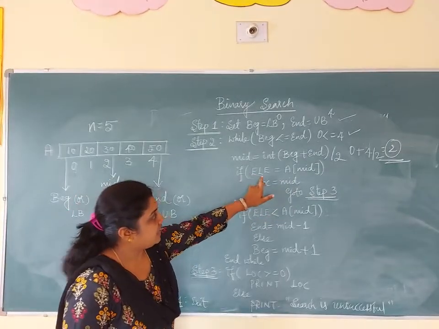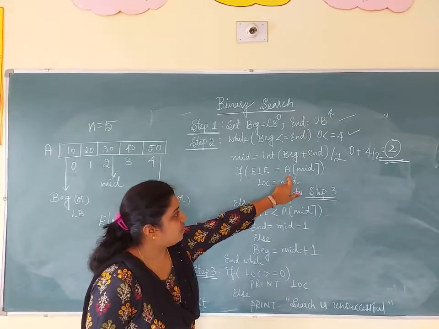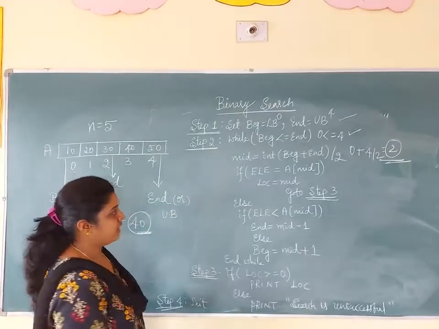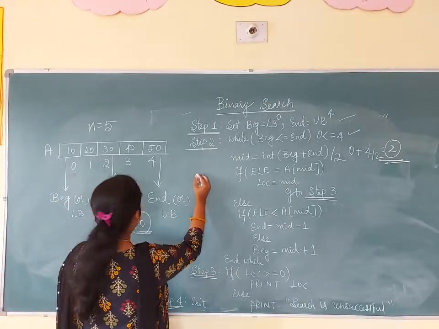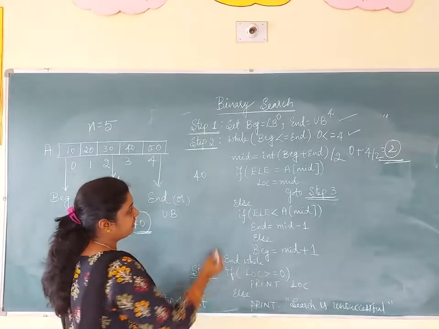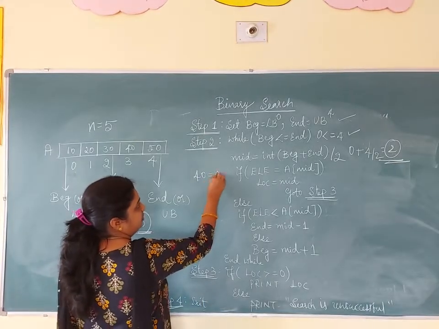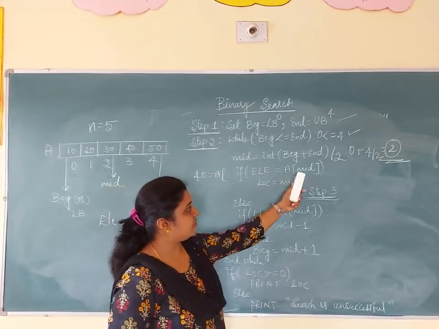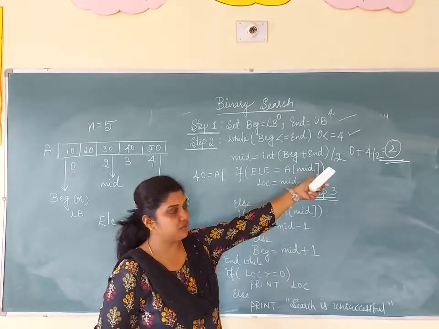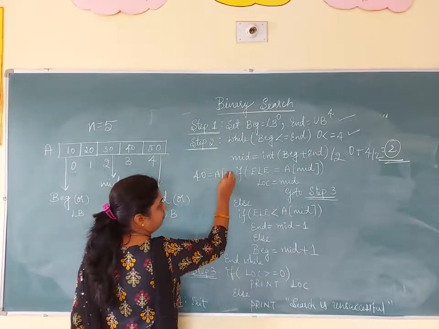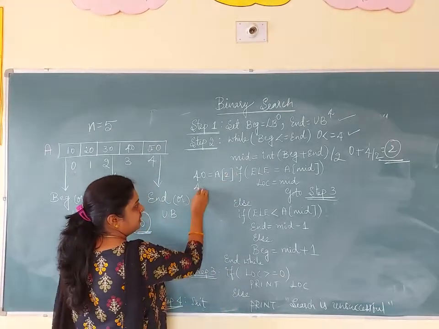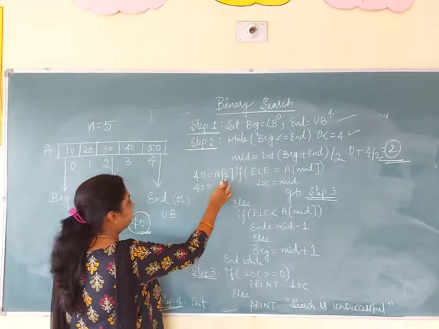Now we will move on to the next condition. If element is equal to A of mid. Which element do I want to search? I want to search the element 40. Is 40 equal to A of mid? What is the mid value? 2. So 40 is equal to A of 2?